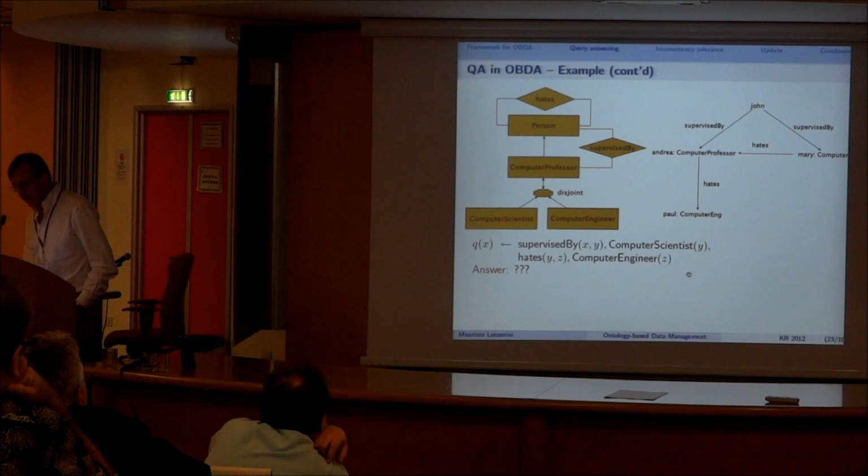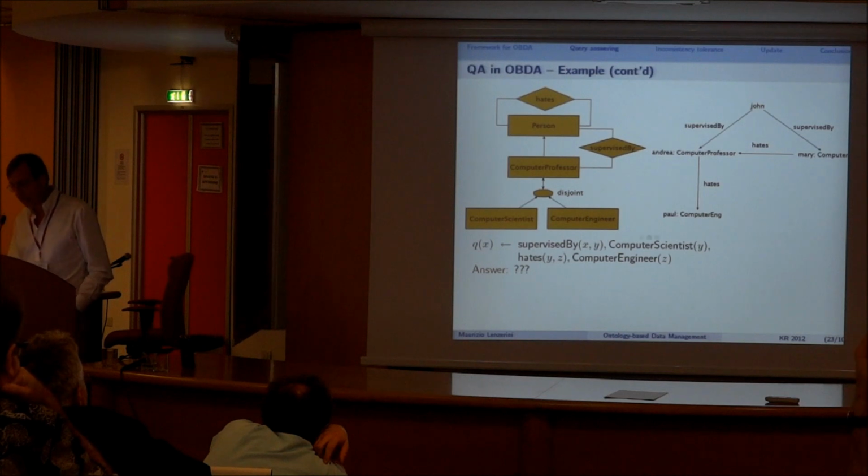Now the query is: give me all X such that X is supervised by Y, Y is a computer scientist, Y hates Z, and Z is a computer engineer. So what is the answer to this question? Well, one could try to see if I find this Y here, and see if, for example, X can be John.